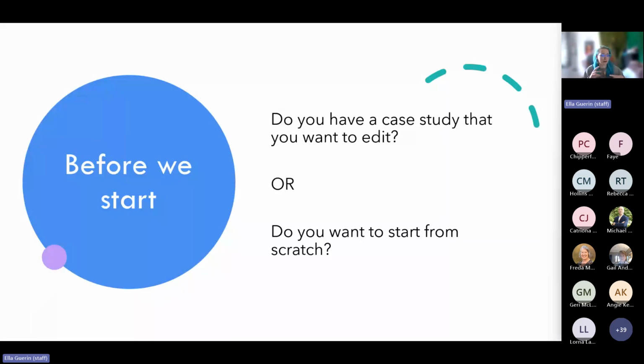So have a think about, if you've already got something and you're thinking, actually, this would be a great place to add an LGBT plus character or example, or feel free to start from scratch, whatever works for you. We will also be using the chat function quite a bit. I've set up my screen so I can see that, but there will be bits of audience participation, getting ideas, sharing ideas as we go.